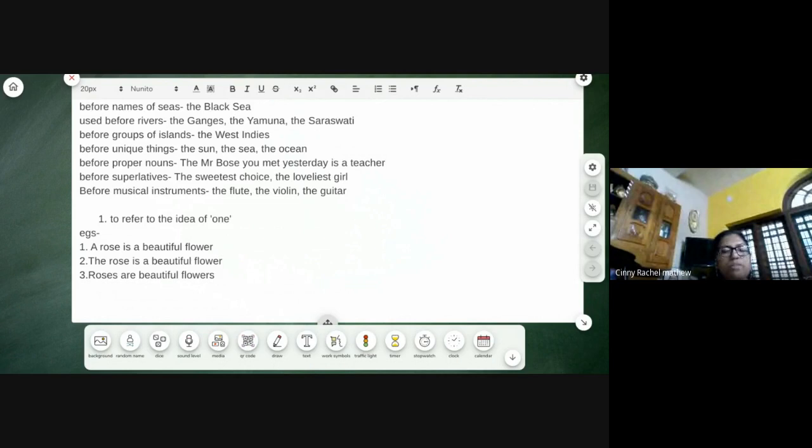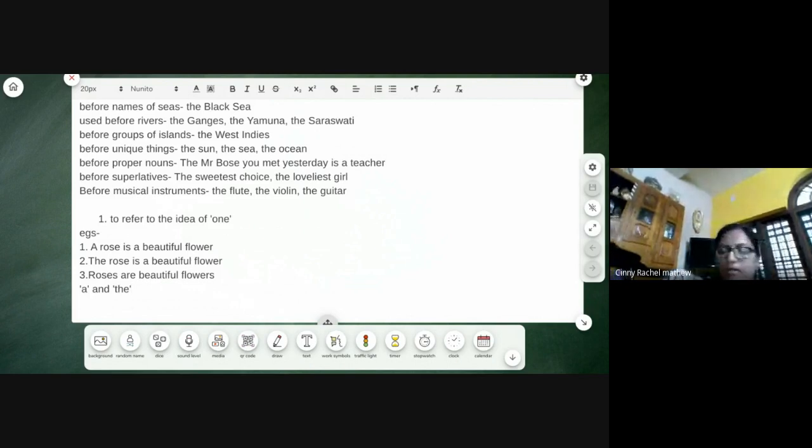Now we come to the next rule. Here we try to bring out the difference between a and the. So we have the indefinite article a and the definite article the.